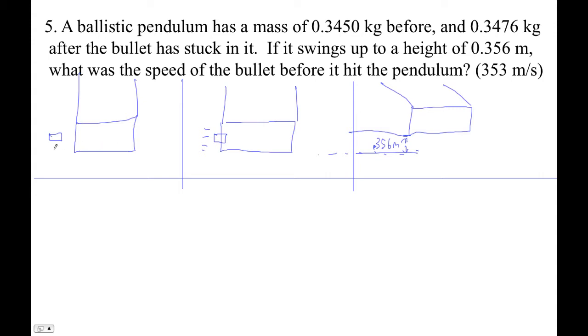So what was the speed of the bullet before? Now, this pendulum has a mass of 0.3450. With the bullet, once it's ingested the bullet, it has a mass of 0.3476.